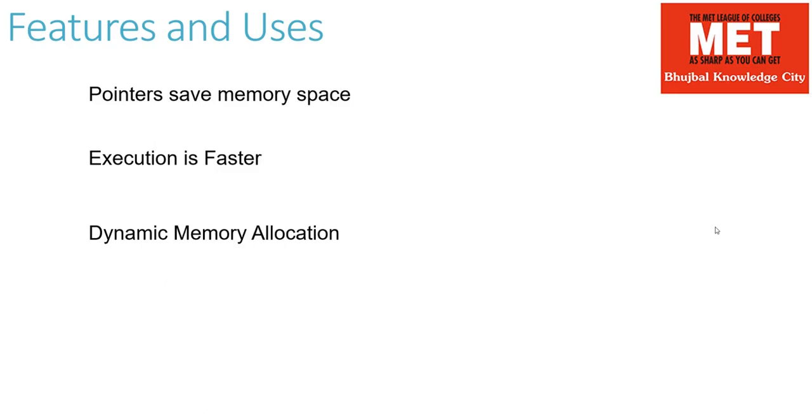Pointers allow us to allocate memory dynamically on the heap. In addition to this, pointers allow us efficient access of data using arrays and various data structures. So pointers allow us to execute programs faster and efficiently manage our memory resources.